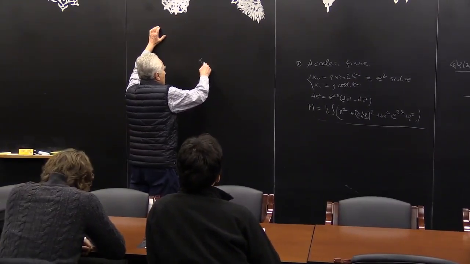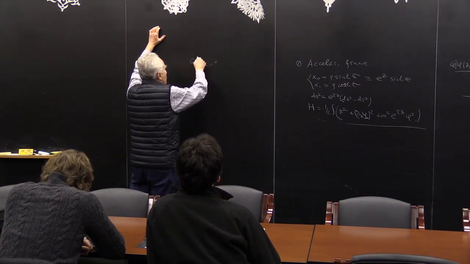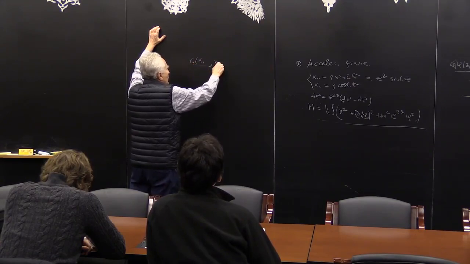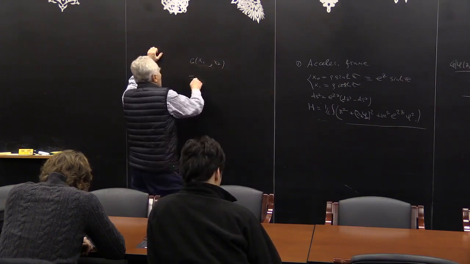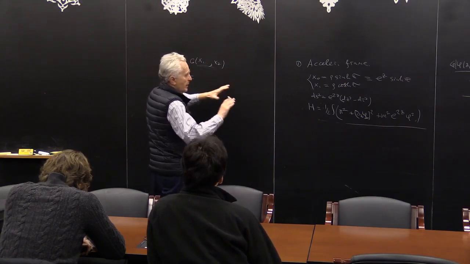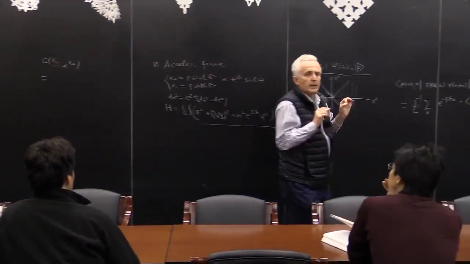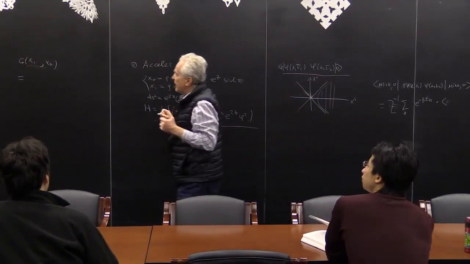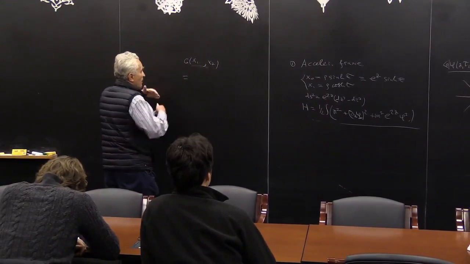We have Minkowski space, and we are interested in the green function, which depends on x1 and x2, these x coordinates. We know that if Minkowski space is in the vacuum state, then it is homogeneous.